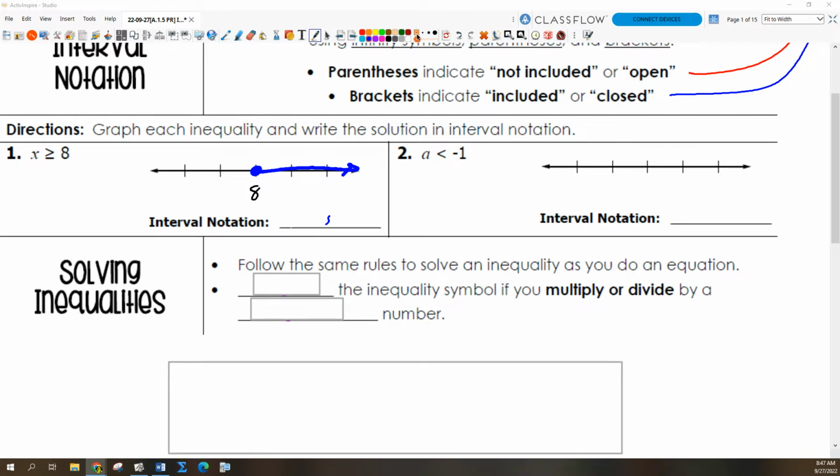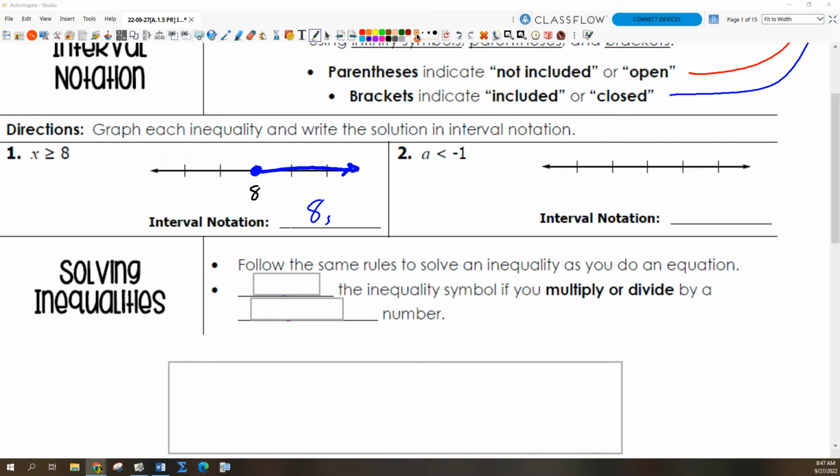So look at that blue interval that we just wrote. What's the left endpoint of that interval? If an ant were walking on that blue interval, what's the furthest left he could go? 8. Everybody agree? So 8 is the left endpoint, so that goes to the left of the comma. Now this one's a little tricky. What's the right endpoint?